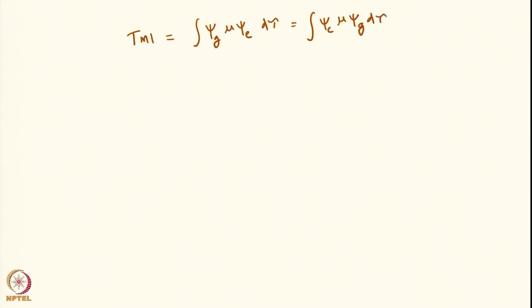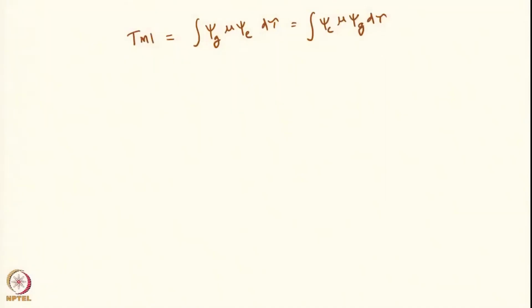But you know this is a Hermitian operator, so it does not really matter, because overall the transition moment integral squared, which is proportional to the probability of transition, has to be a positive number. So, it does not really matter, but technically this should be like this.